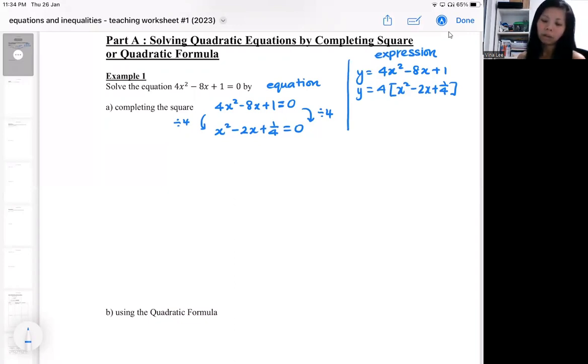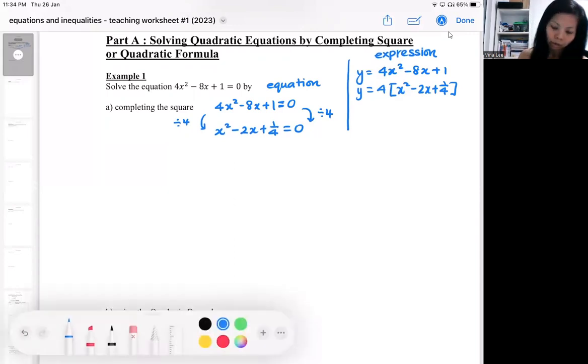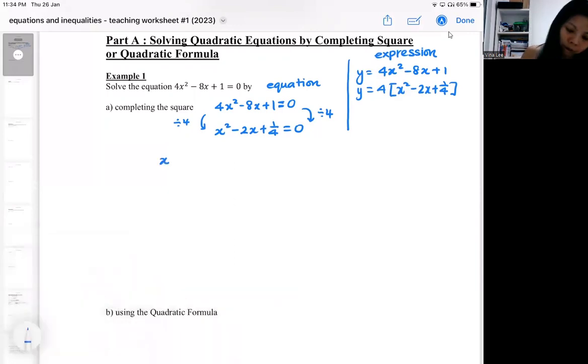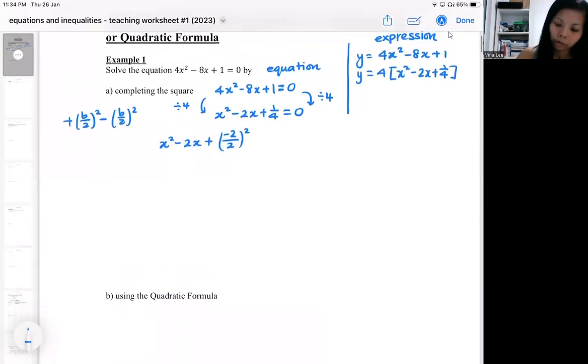That's one of the common mistakes sometimes. Upon dividing by 4, you will achieve the coefficient of x squared to be 1. Then we will start our completing square process. The process involves taking the coefficient of x divided by 2, and squaring it, and I will be doing this.